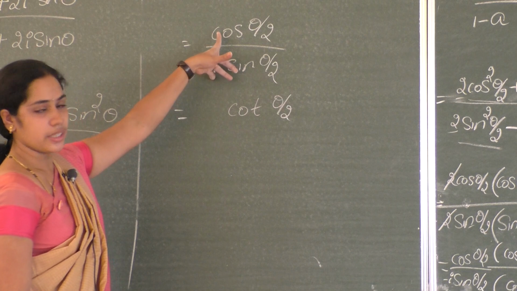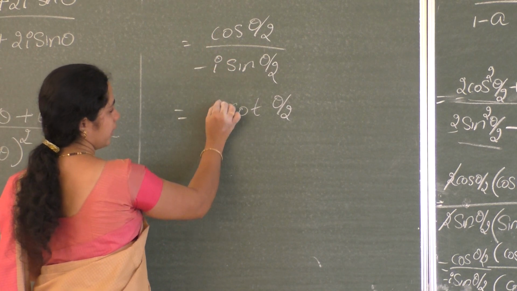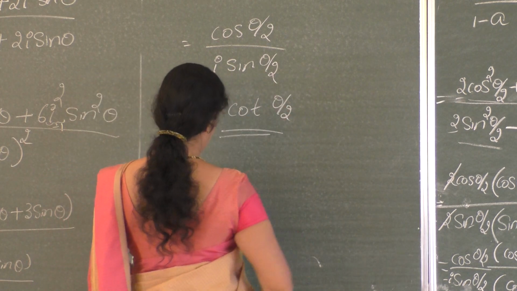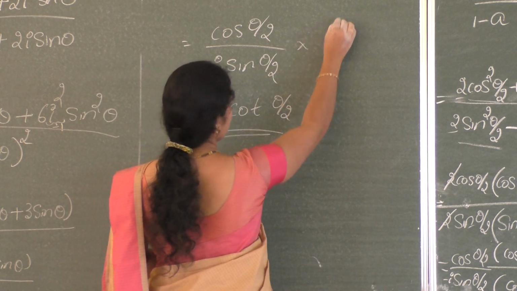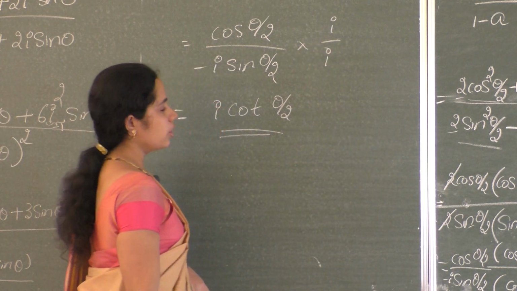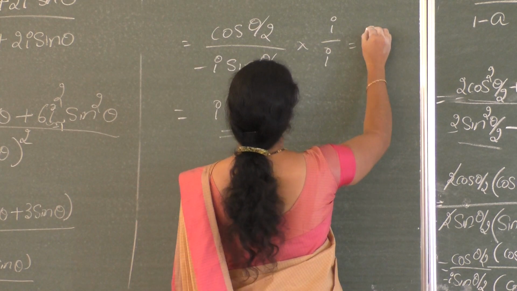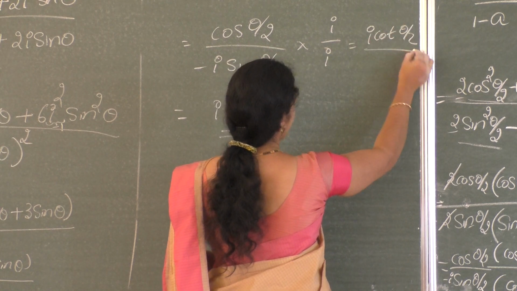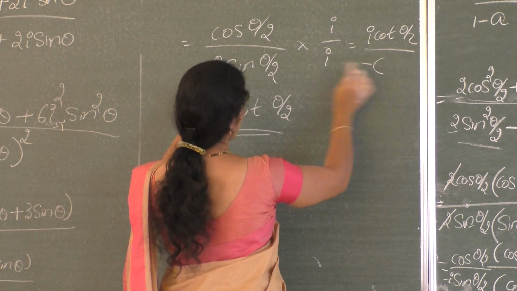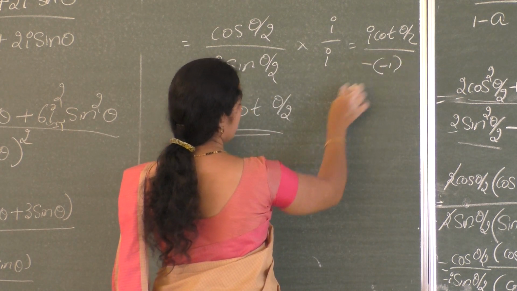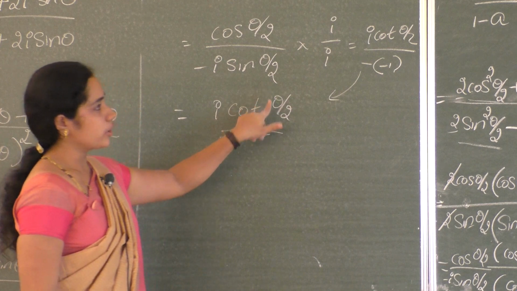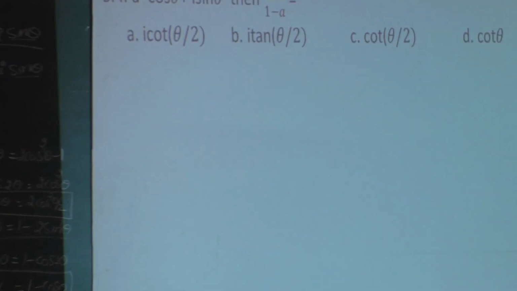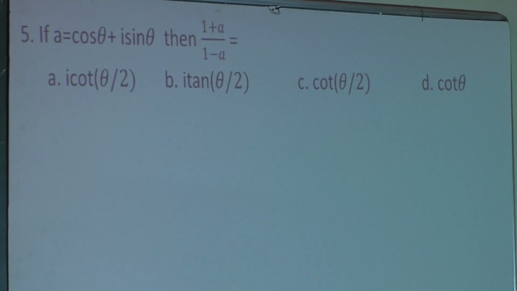If you take minus I into the numerator, or we can multiply here, the conjugate is plus I, so it will be I sin, cos by sin is cot theta by 2, divided by minus into I square is minus 1. So the answer is I cot theta by 2. Option I cot theta by 2, option A. Okay, thank you.